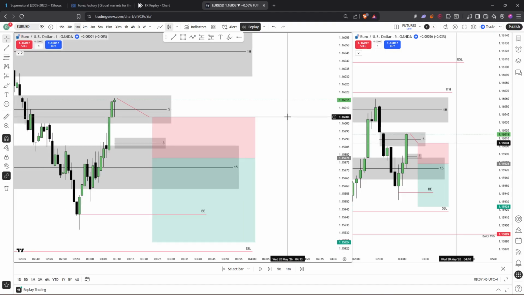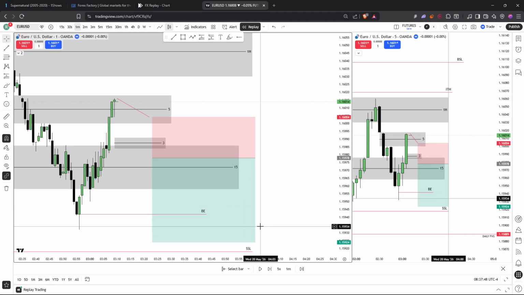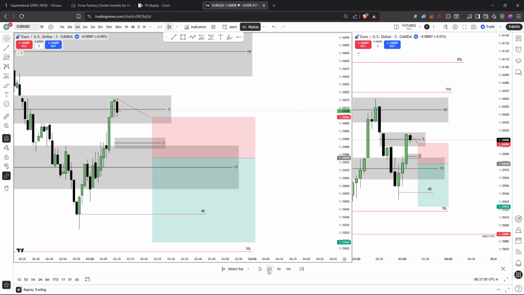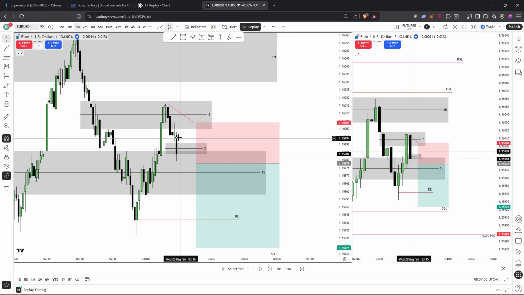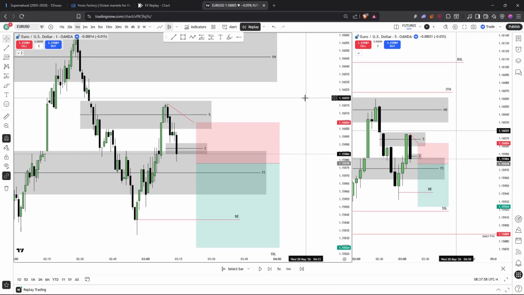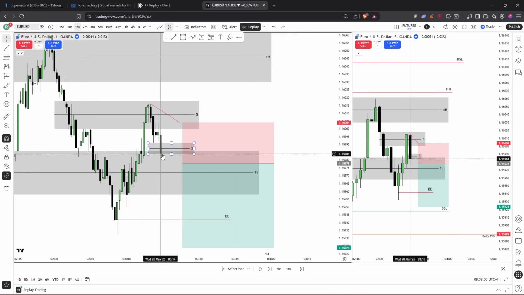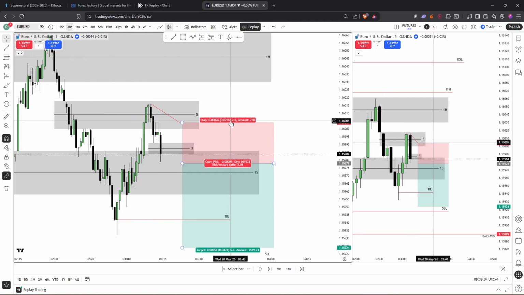If you see, this 5-minute started holding very nicely, and we had a very nice SMT present as well. At this point, I'm going to be very honest, I most likely should have entered this trade. We see the 30-second here as well.